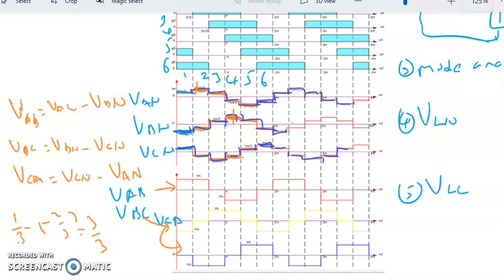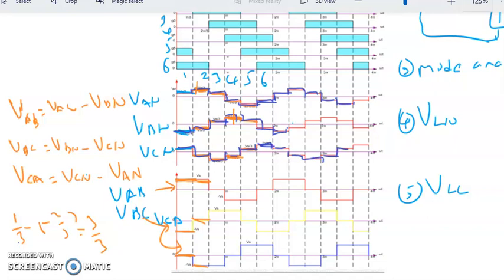So that's what we have here, VAB of positive. We calculate for VBC, we shall get negative, and 0 for VCA. So you follow the same pattern or sequence for mode number 2, you shall get positive, 0, negative.